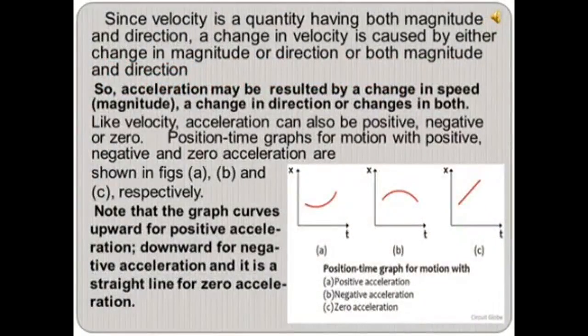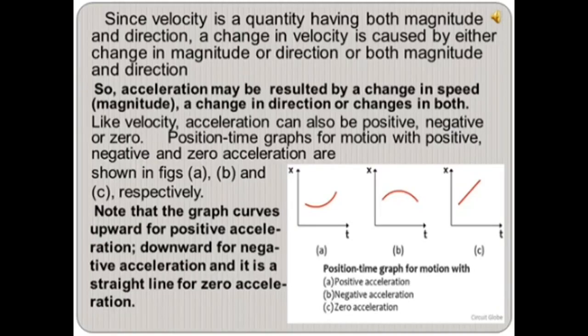From the previous class session, you studied that velocity is a vector quantity because it has both magnitude and direction. And also, you studied in 9th grade that a change in velocity is caused by either a change in magnitude or direction, or both magnitude and direction of velocity.